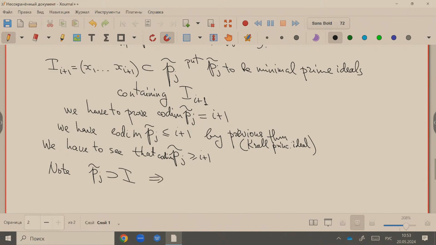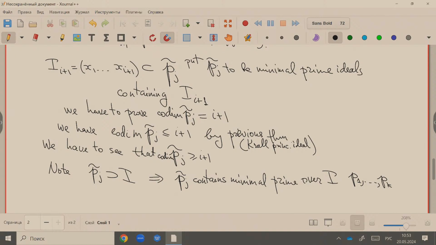So this implies that Pj tilde contains minimal prime ideals lying over I, precisely P1, etc., Pk.